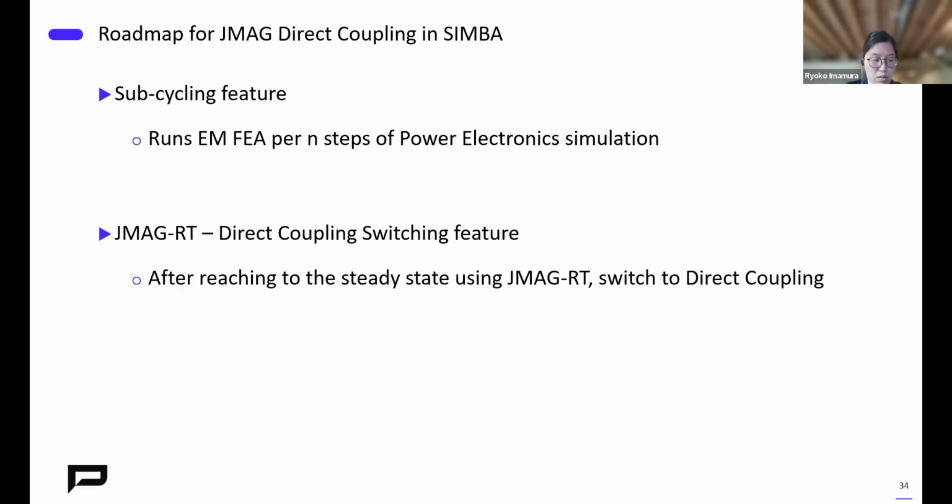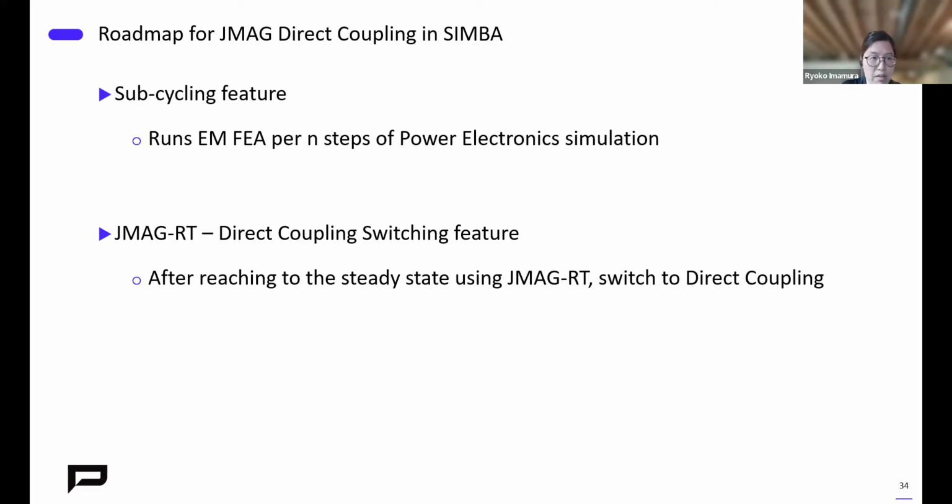To conquer these limits in terms of speed, here is our simulation roadmap. We are planning to implement two things. One is a subcycling feature, that is, run EM FEA per n steps of the power electronic simulation, so skip some of the steps and then run the FEA.